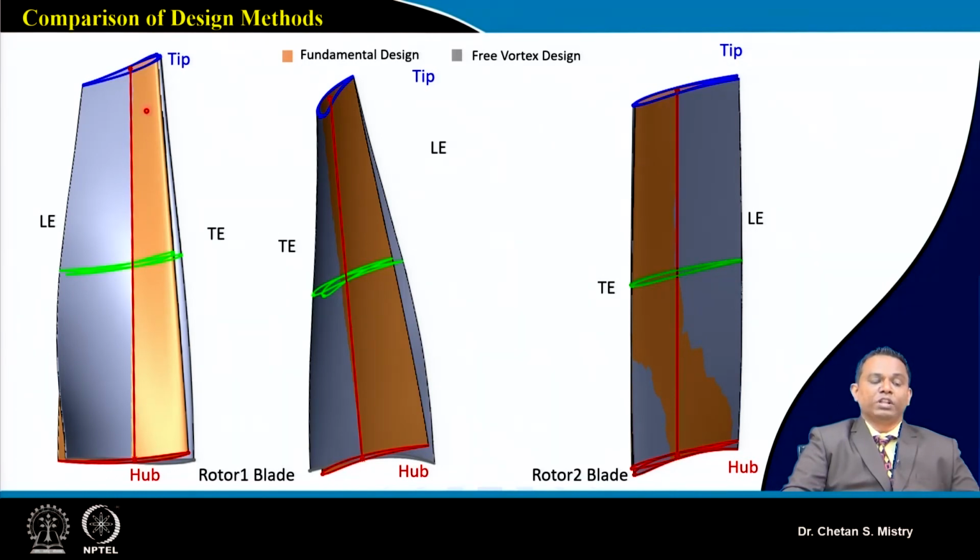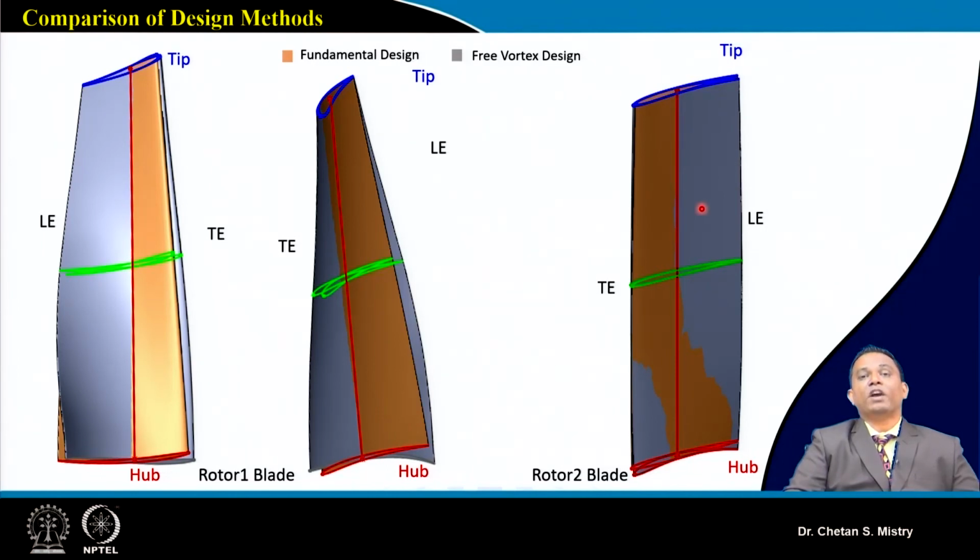This is a view from one side, this is from the other side, and we can see carefully that near the hub region for the free vortex concept delta beta is coming to be large. That means I will have higher turning of the flow near the hub. And because of the free vortex concept, I will have a highly twisted blade all the way from hub to tip region.